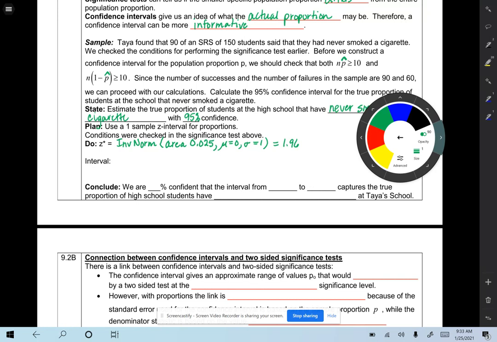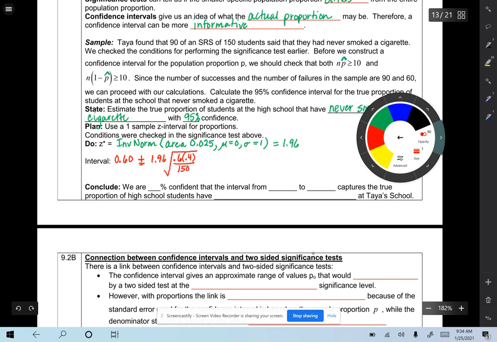And so to find our interval, it is our statistic, which is 0.60, plus or minus the Z star, which is 1.96, times the standard deviation, which is the square root of p hat times 1 minus p hat over the sample size.